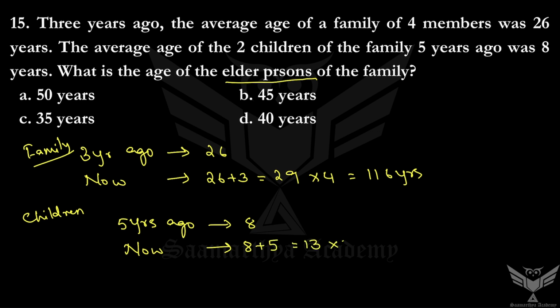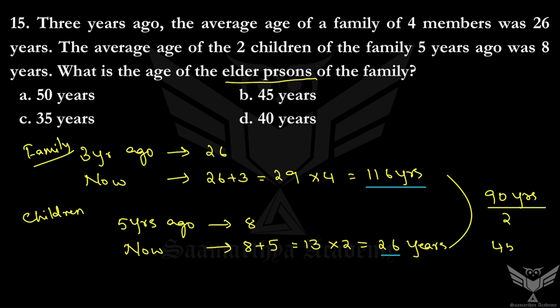For how many people? 2, that is 26. Now total we had 116 years. In the 26 years, these 2 children are taking. That means what is the difference between these two? 90 years. This 90 years is to be divided among the remaining 2 elders. So each one will get 45. That's our answer.